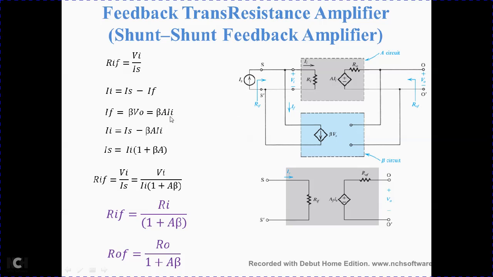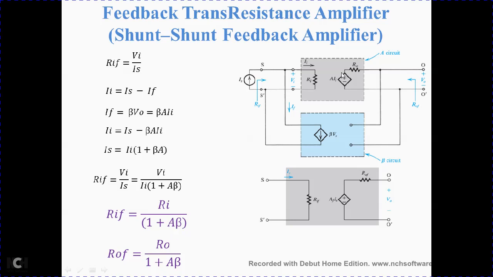So ultimately you can replace IF with this, giving II equal to IS minus beta A II. You can solve for II here, because you have II on both the LHS and RHS. Put this expression here, so that you get RIF equal to Ri divided by 1 plus A beta.